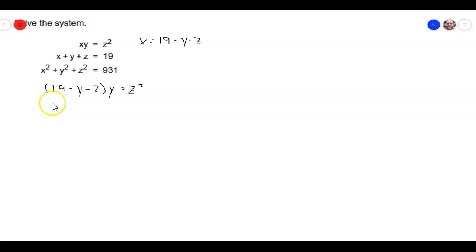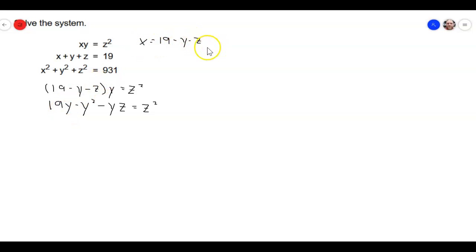And then distribute that out. I'm going to get 19y minus y squared minus yz, z is equal to z squared. So now I have an equation without the x in it.